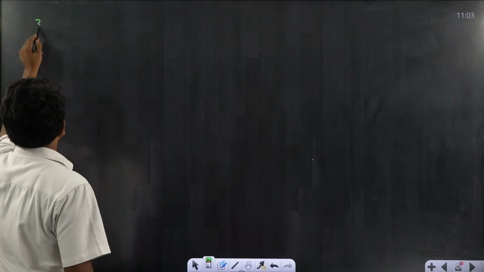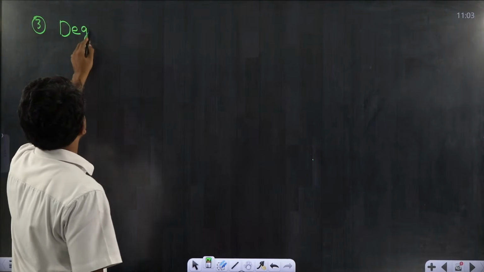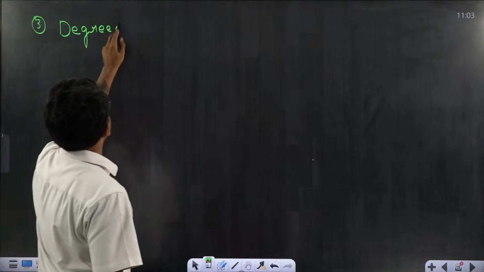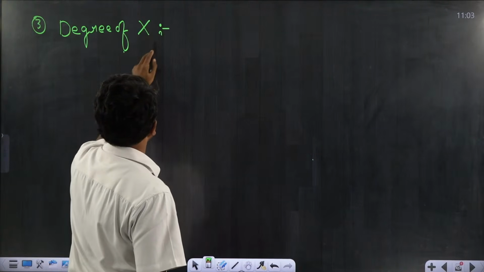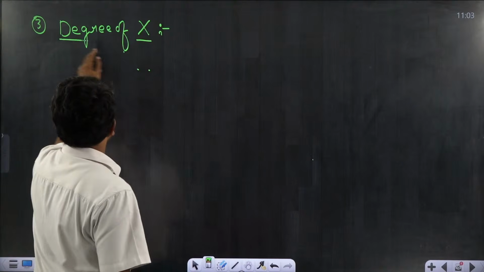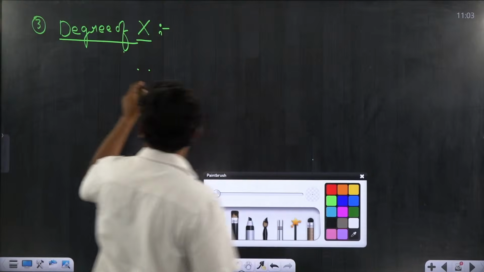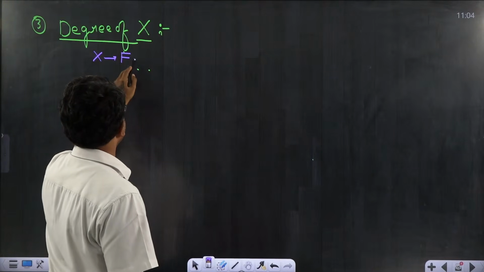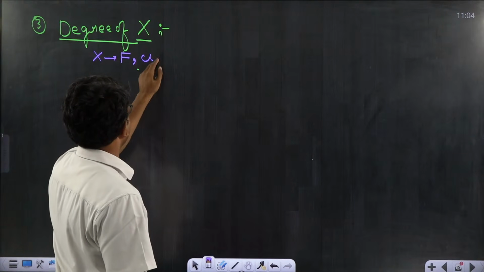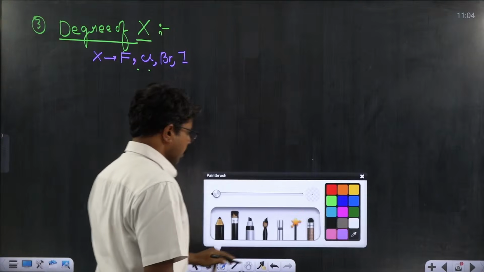Next one, the third one, is degree of halogen. As I told, halogen atoms can be represented with this symbol X, where X stands for fluorine or chlorine or bromine or iodine.